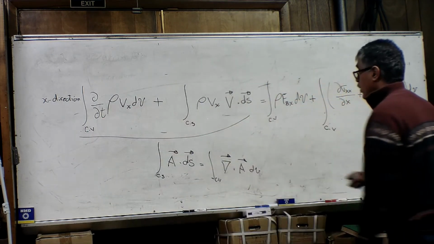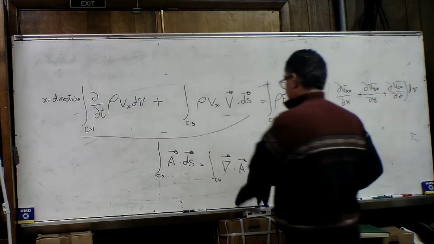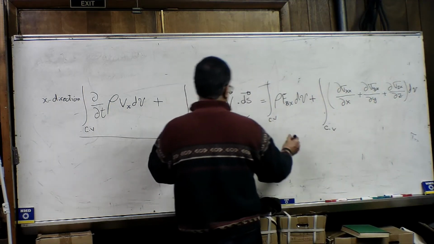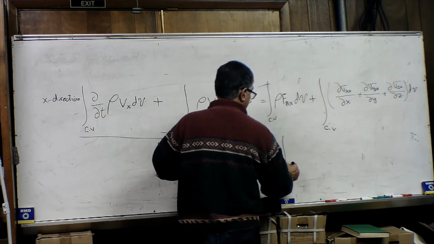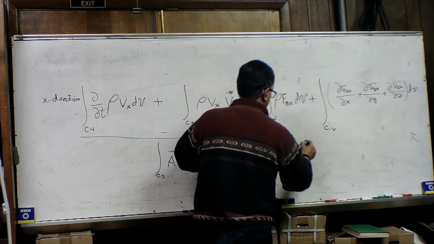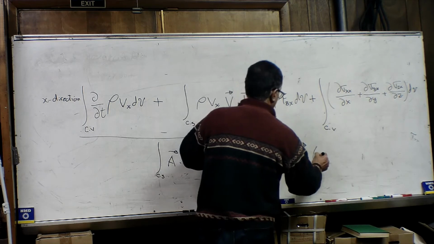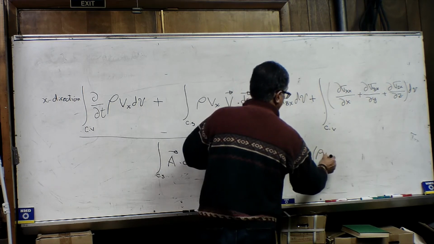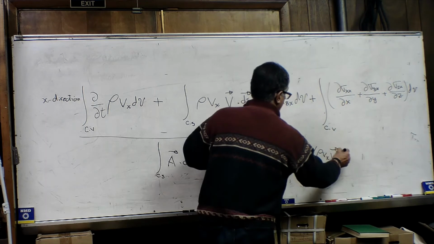So we can use the Gauss Divergence Theorem and write this portion of our equation as the volume integral of del dot rho vx v dV.